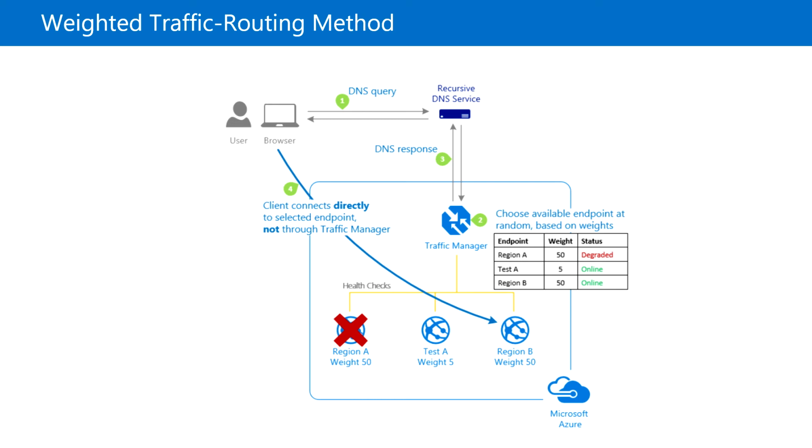And we can also change the weightage, like if we are going to do any upgrade or maintenance, we can change to 100% weightage for region A, and region B will become 0 weightage.